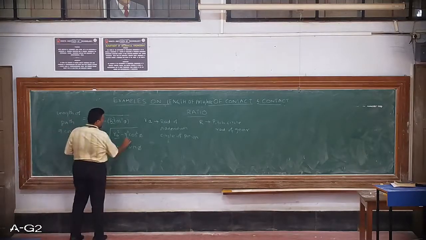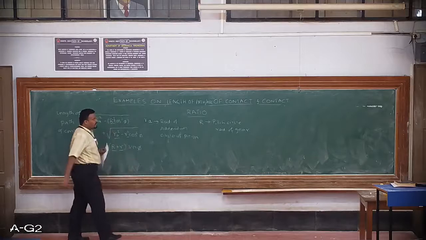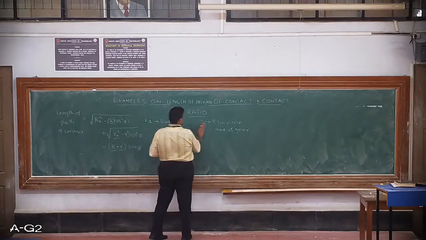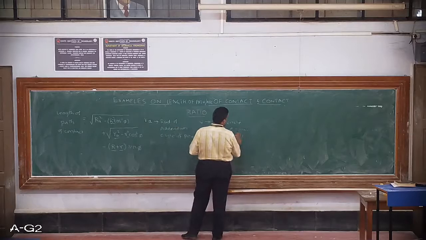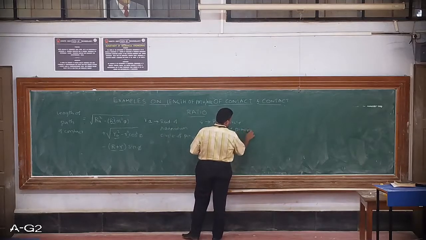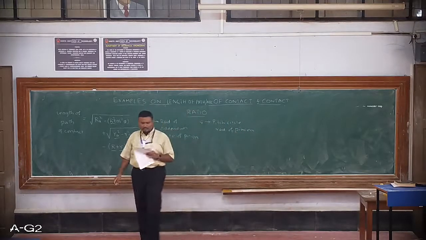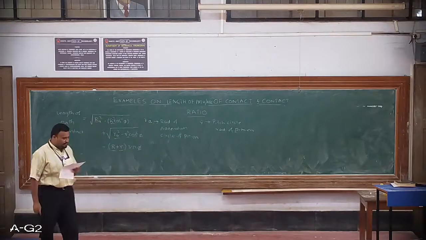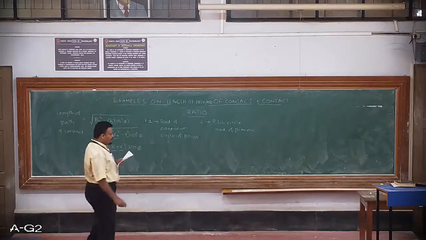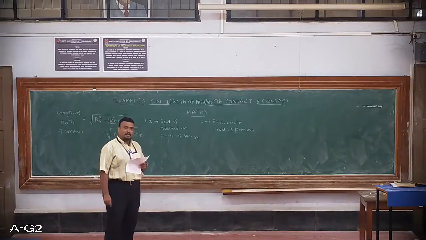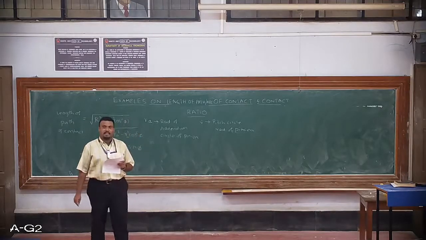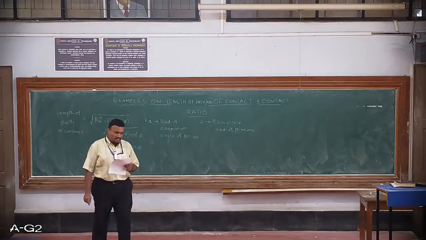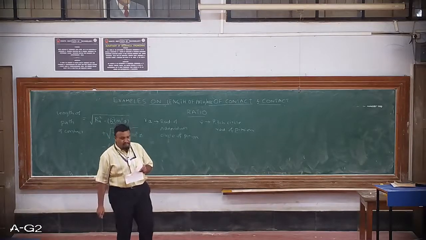And the small r which is presented over here is the pitch circle radius of pinion. Clear? So capital RA is radius of addendum circle of gear. Small RA is radius of addendum circle of pinion. Capital R is radius of pitch circle of gear, and small r is radius of pitch circle of pinion.